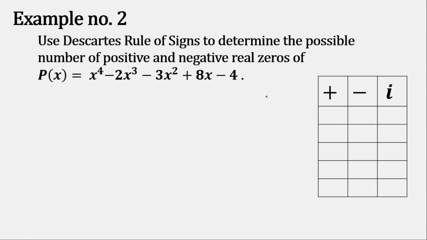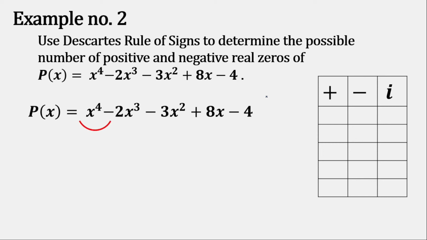Now example number 2. Let's use the Descartes rule of signs to determine the possible number of positive and negative real zeros. Let's write it and check if it is in standard form, and it is in standard form. Now to get the number of positive zeros, let's count the variations.